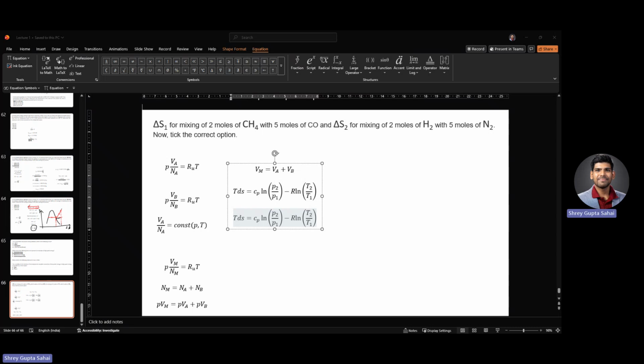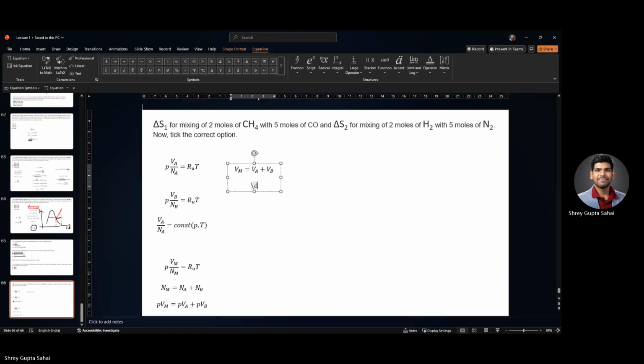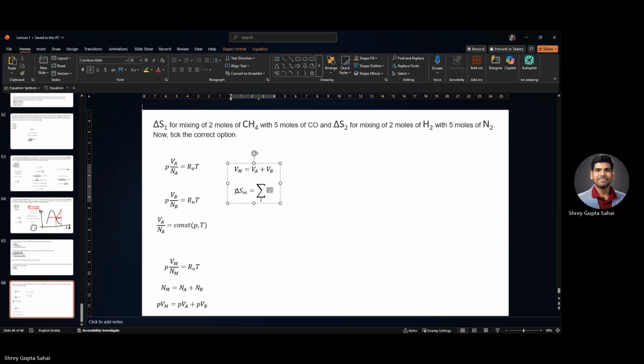Actually, if I go ahead and derive this, the change in entropy of the mixture, as I was saying, suppose that you're mixing things.